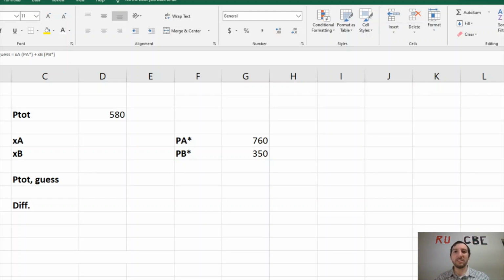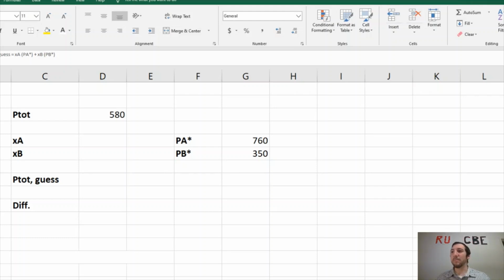Now, when using GoalSeek, for this example, let's say we have a total pressure of 580 millimeters of mercury, and I'm going to try to relate the vapor phase with the liquid phase. In this case, we use Raoult's law, where we're able to relate some of the information from the liquid phase to the vapor phase.